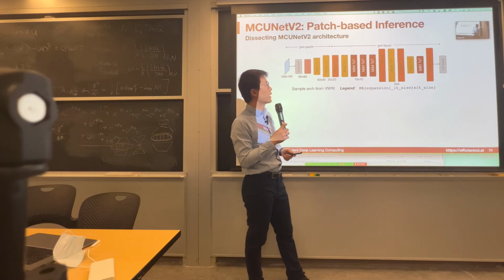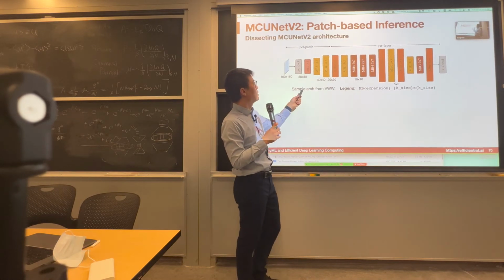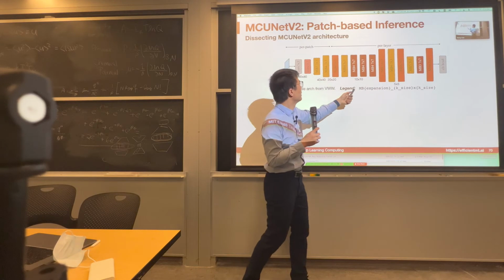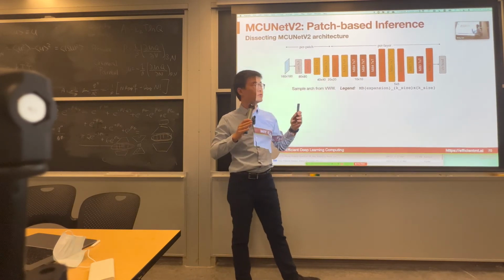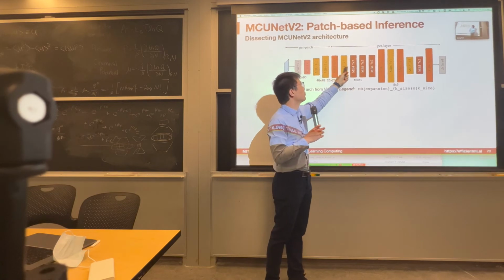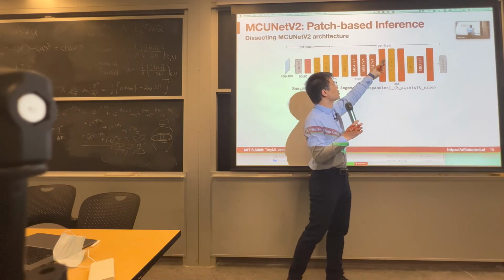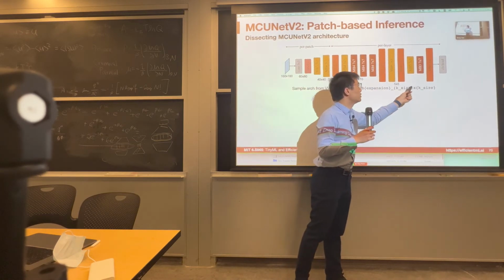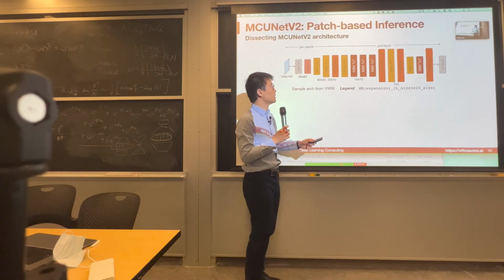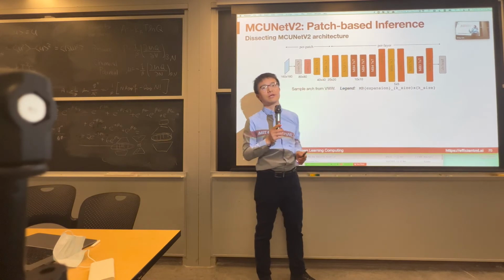And the legend is denoted by the expansion ratio, indicating the number of channels: expansion ratio of 4, 4, 4, etc. And this is wider, expansion ratio of 6. Then it is followed by the kernel size: 7 by 7 layer, 3 by 3 layer, etc.